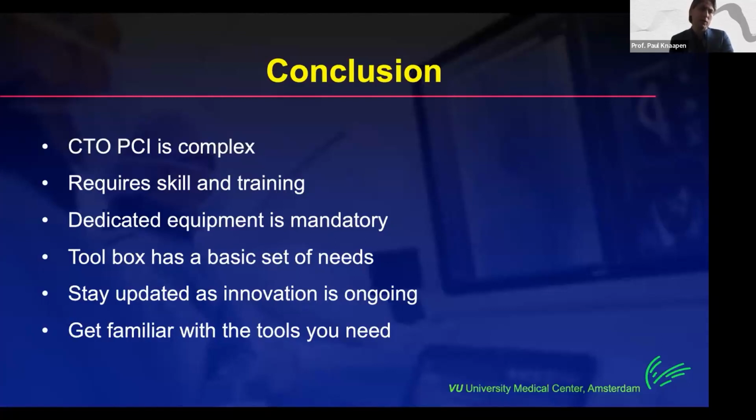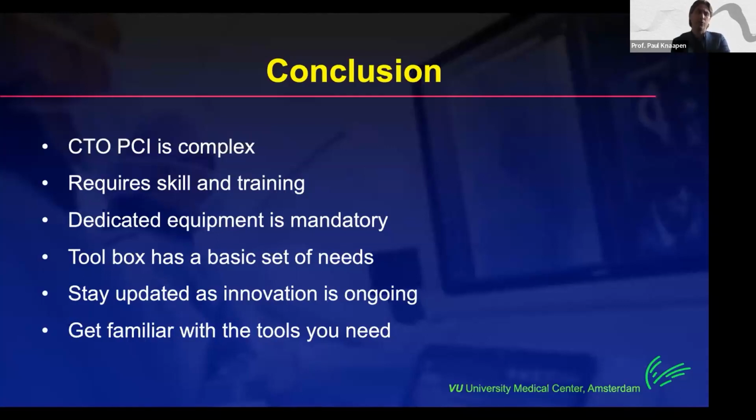It requires skill and training, and equipment in the toolbox is necessary. But if you don't know how to use the tools, the toolbox is useless. So basically, it needs experience and proctoring, and a lot of us sharing the knowledge as we do at this ASAHI webinar today, which we thank ASAHI for distributing the knowledge.